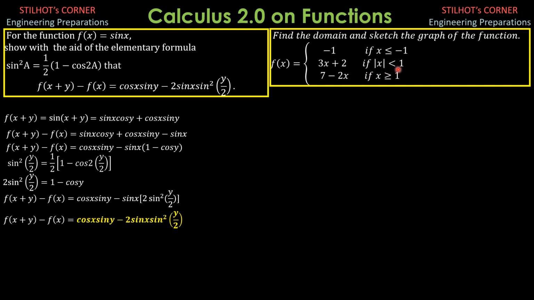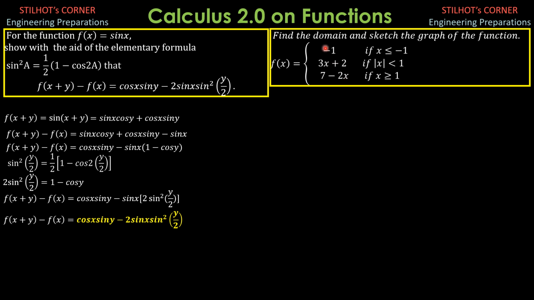This is the same as negative 1 less than x less than 1, so including 0. So it is between negative 1 and 1, but not including negative 1 and positive 1. And 7 minus 2x, which is another line, if x is greater than or equal to 1.